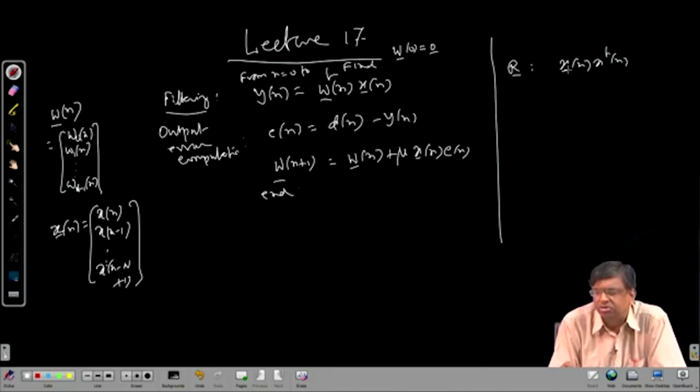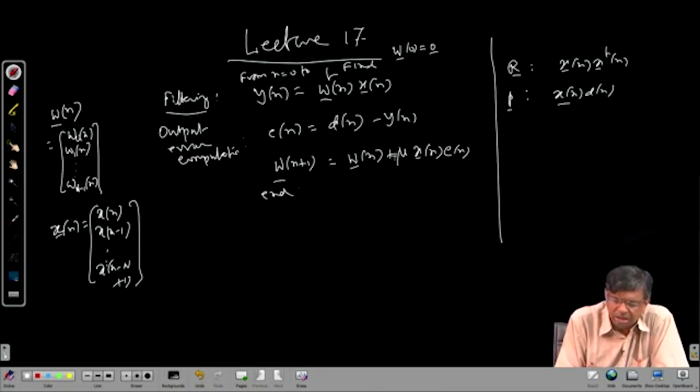There could have been Xn minus 1 vector into X transpose and so on, and they added and averaged. That we are not doing. We replace R by this and P by just Xn dn. This part is called the gradient update, the weight update part, for the next cycle.